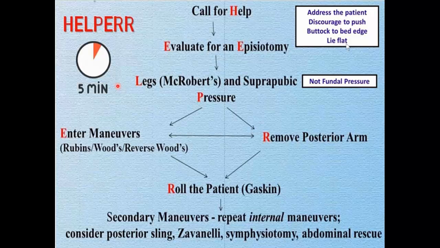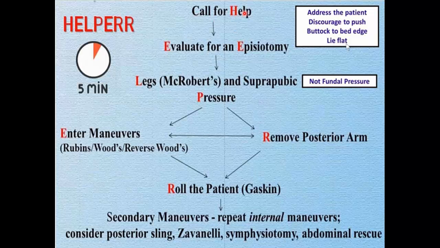Some studies find that if you deliver within 5 minutes, there is a low risk for the fetus regarding hypoxic ischemic change. So that is why you should deliver quickly within 5 minutes, to decrease the risk of hypoxic ischemic change for the fetus.